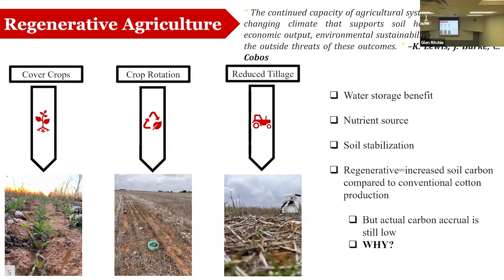And the project identifies all three of these specific areas and more, but what specifically I'm focusing on in this project is the impact of regenerative agriculture on increasing soil organic carbon compared to conventional cotton production. But a lot of times what we see throughout years and years of research in the region when it comes to conservation practices and how they increase soil organic carbon is that our carbon accrual rates are actually very low. And today we're going to talk about why that is.